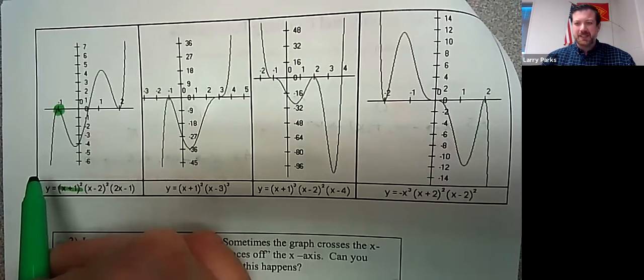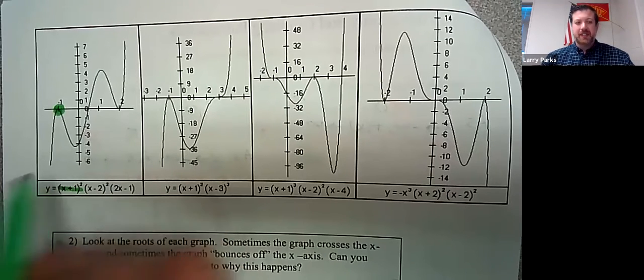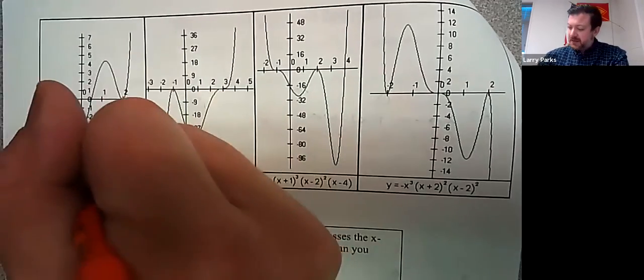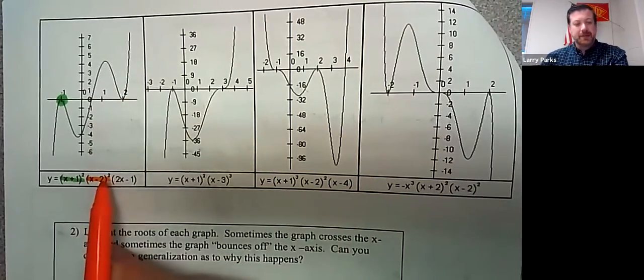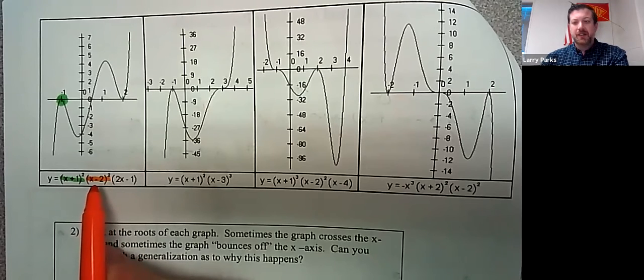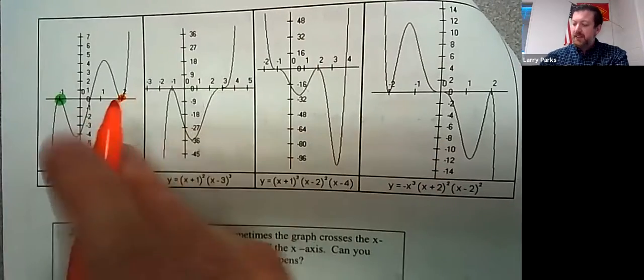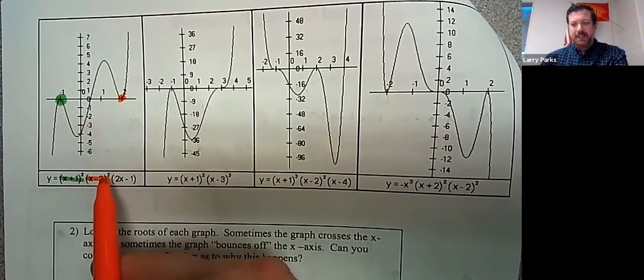It always has multiplicity of at least 2. Same thing is happening at this one, the x minus 2. And notice it's x minus 2 to the square. So that's a solution of 2.